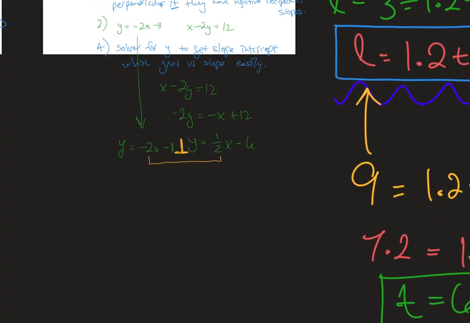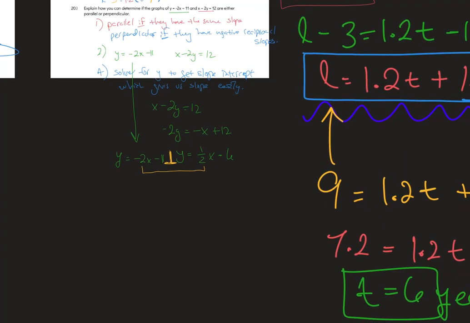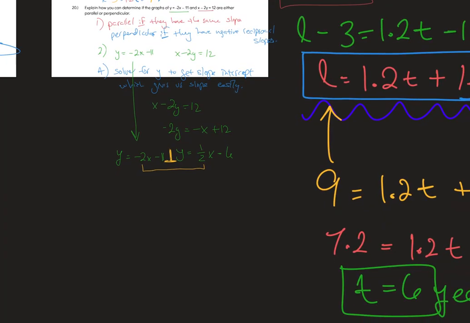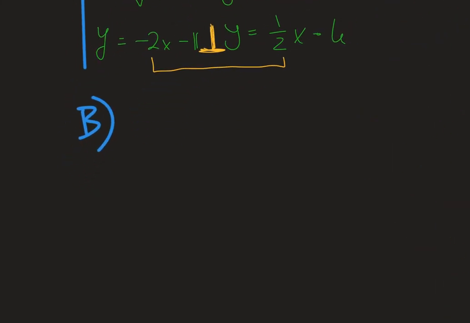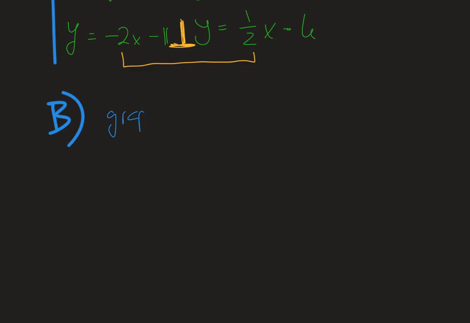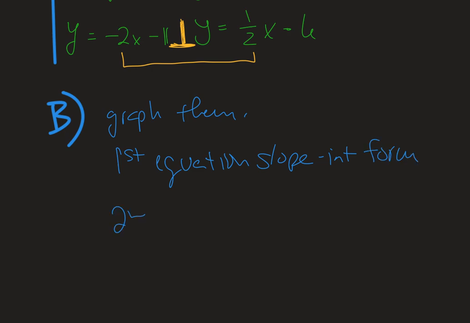I guess the one other thing that I could do is, so here's my A, B is graph them. The first equation is in slope-intercept form, and the second one is in standard form.